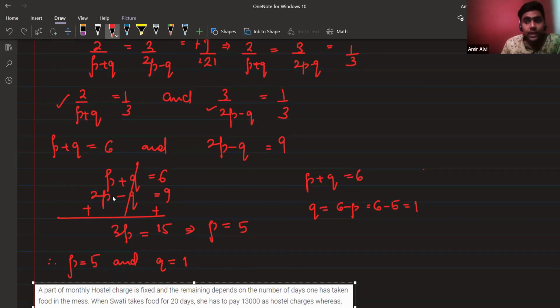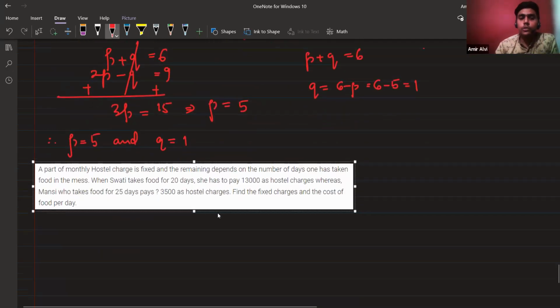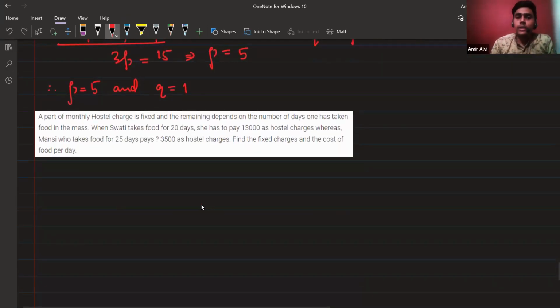But in addition, there are no changes in the sign. Is that clear? Solve this question. You can do any of the methods, substitution or elimination.